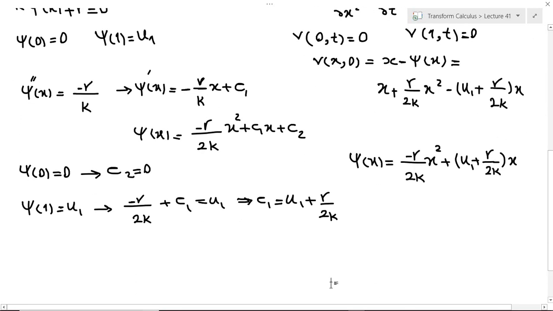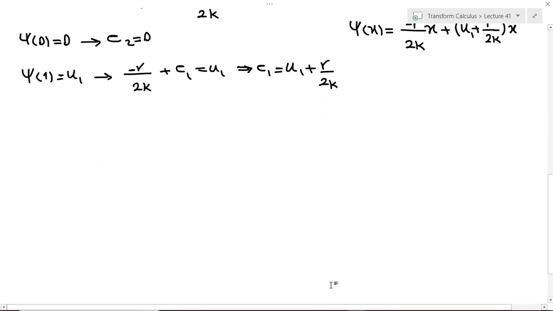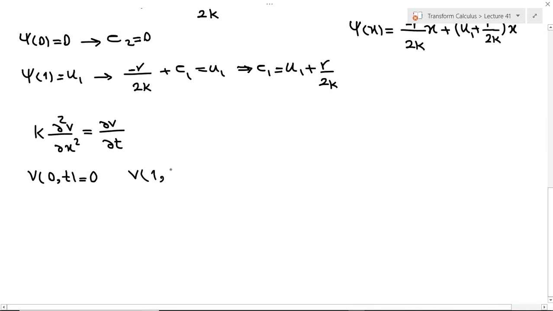So I just rewrite this boundary value problem. So we have k times the second derivative of v with respect to x, equal to the derivative of v with respect to t. Boundary conditions, we have v of 0 and t is equal to 0. V of 1 and t is equal to 0.